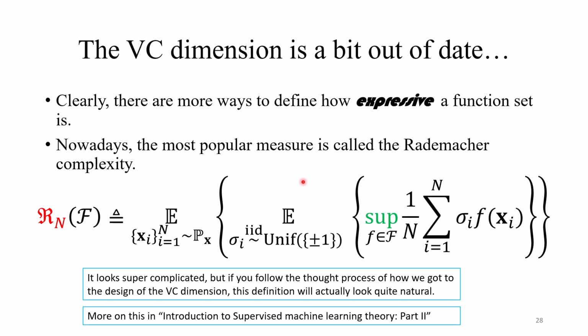At first glance, it's quite complicated, but if you follow the thought process of how we got to the design of the VC dimension, this is actually going to look quite natural. So I will leave this explanation for another time, maybe in part 2 of the series on Introduction to Machine Learning Theory.